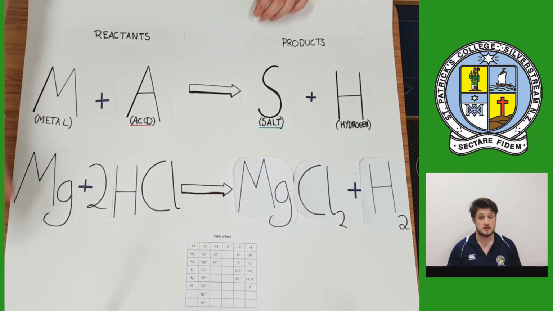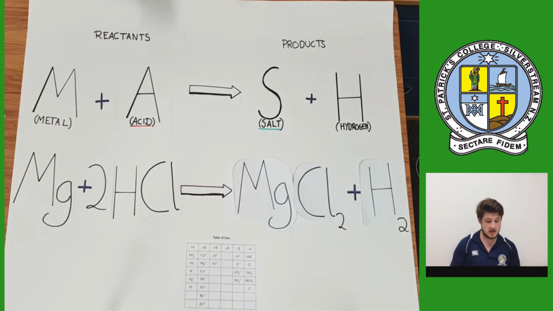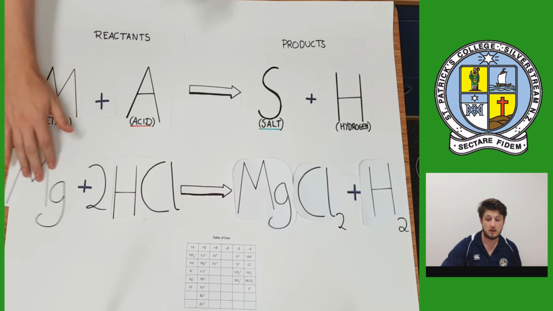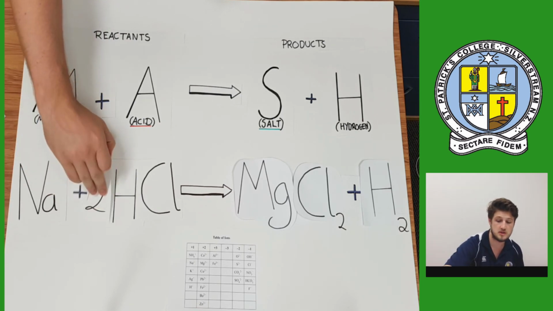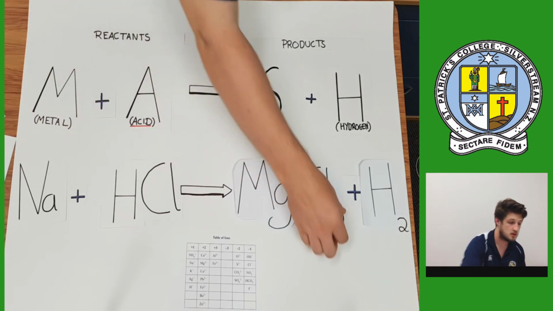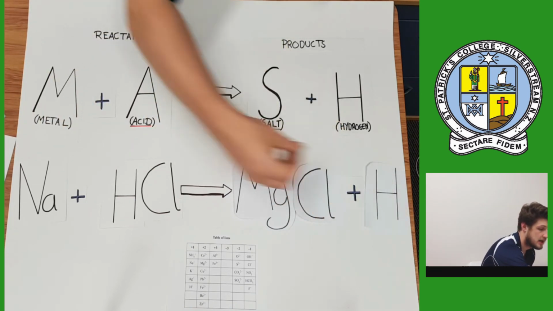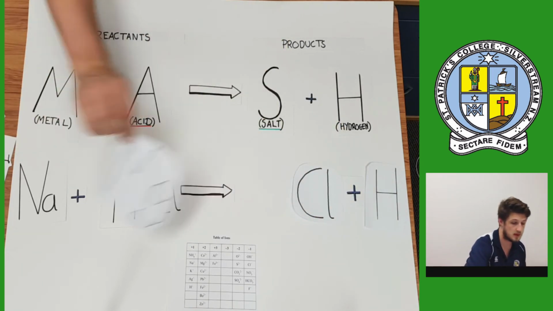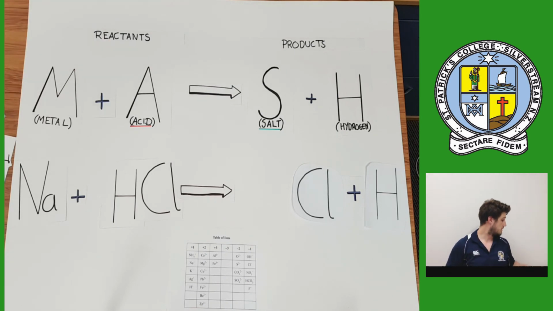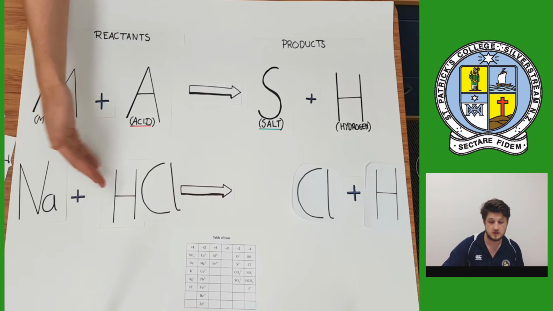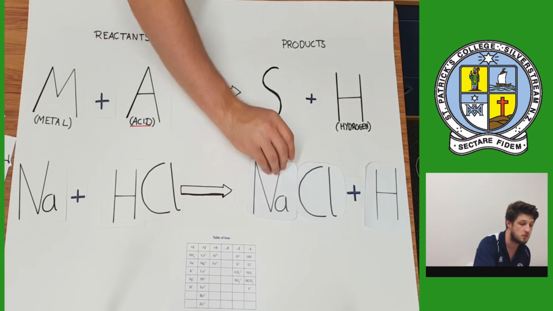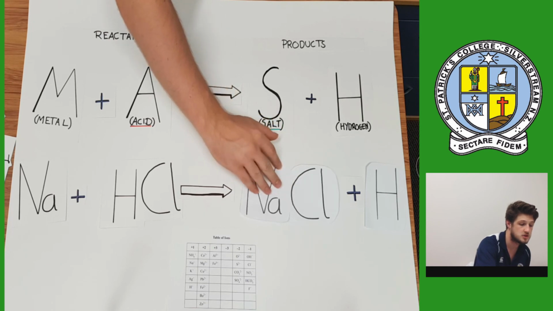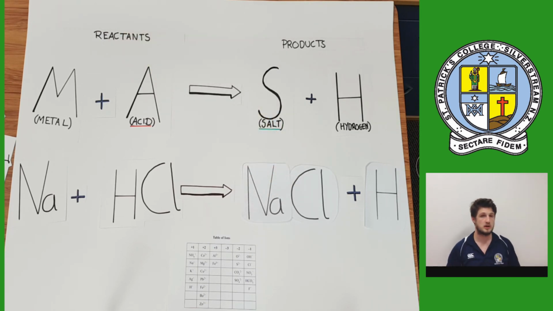As a challenge to yourself, I think I could challenge you by saying sub out the magnesium and try it with sodium. Get rid of all the numbers and start again. You might find that the sodium does exactly the same as a metal, as the magnesium, and will kick out the hydrogen just as easily as chlorine.